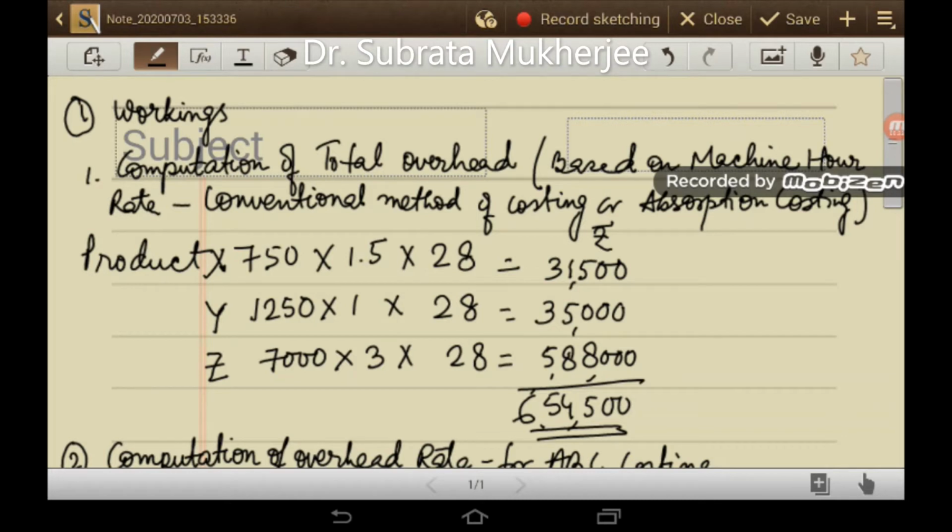Similarly, for product Y, 1,250 units were produced, 1 machine hour is required and rupees 28 is the machine hour rate. So overhead for product Y is 35,000. And for product Z, 7,000 units were produced, 3 machine hours are required per unit and the machine hour rate is rupees 28. So 5,88,000 is the overhead for product Z. So total overhead incurred is 6,54,500.